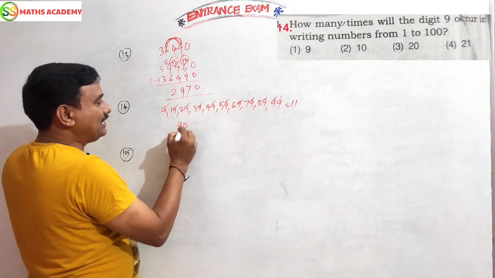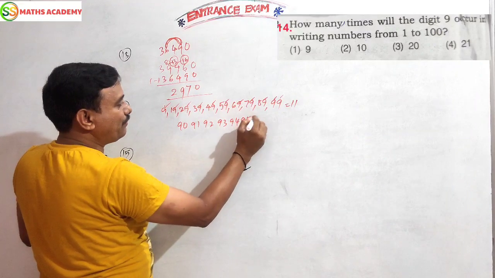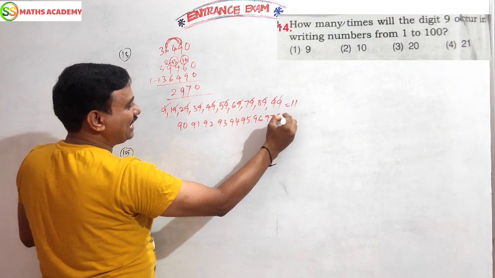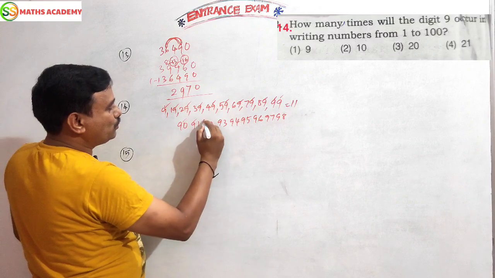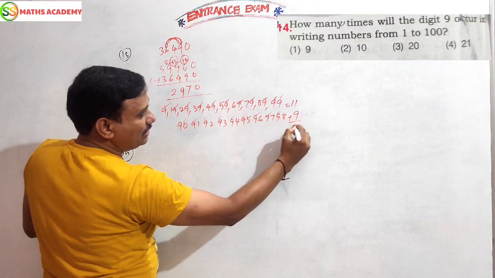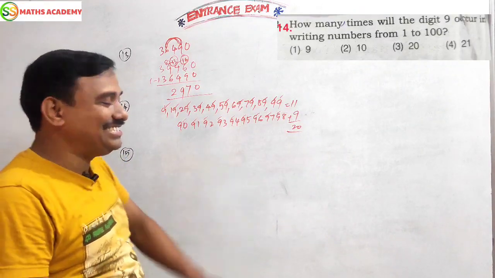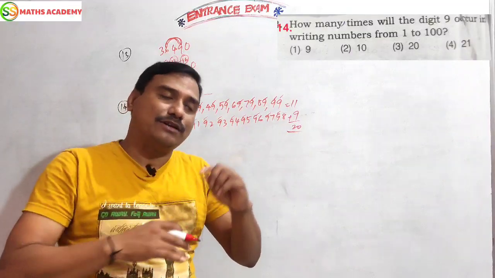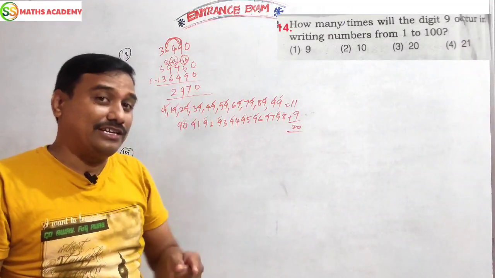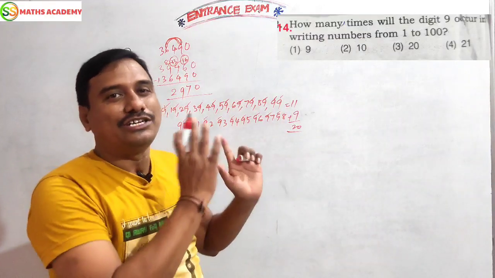And 90, 91, 92, 93, 94, 95, 96, 97, 98: that is 9 more, plus the 99 already counted. Total 20 times. You see how easy it is? This is a magic I am going to explain in each and every chapter. Don't worry. Not only 9, every digit like that will be repeated 20 times.